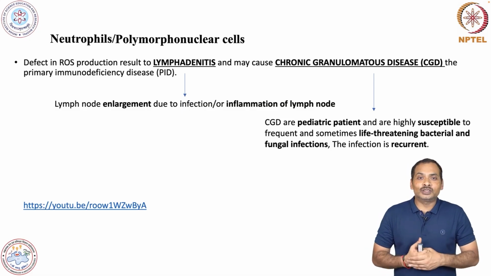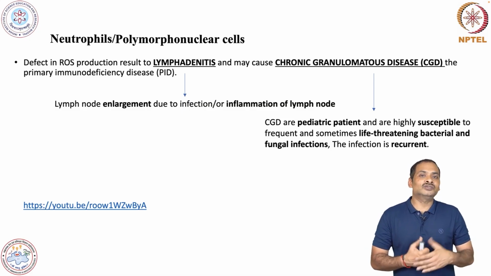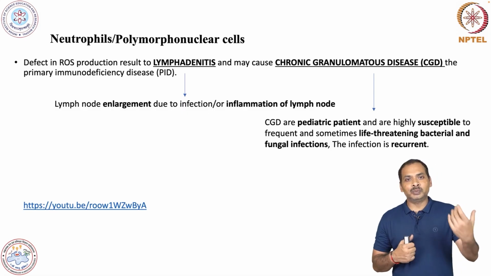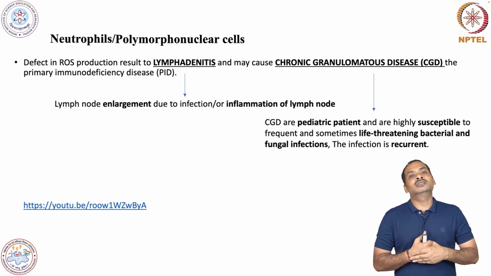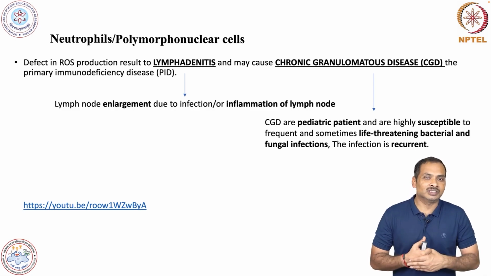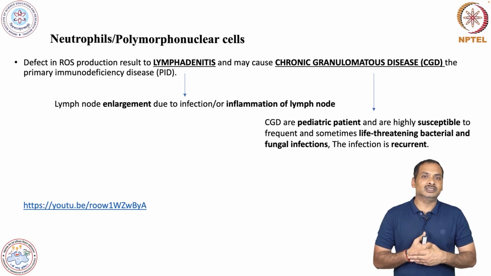Now we are hoping for gene therapy. I don't know if we will have a gene therapy by which we can replace this defective gene, then probably that will cure this disease and the kids will become healthy.